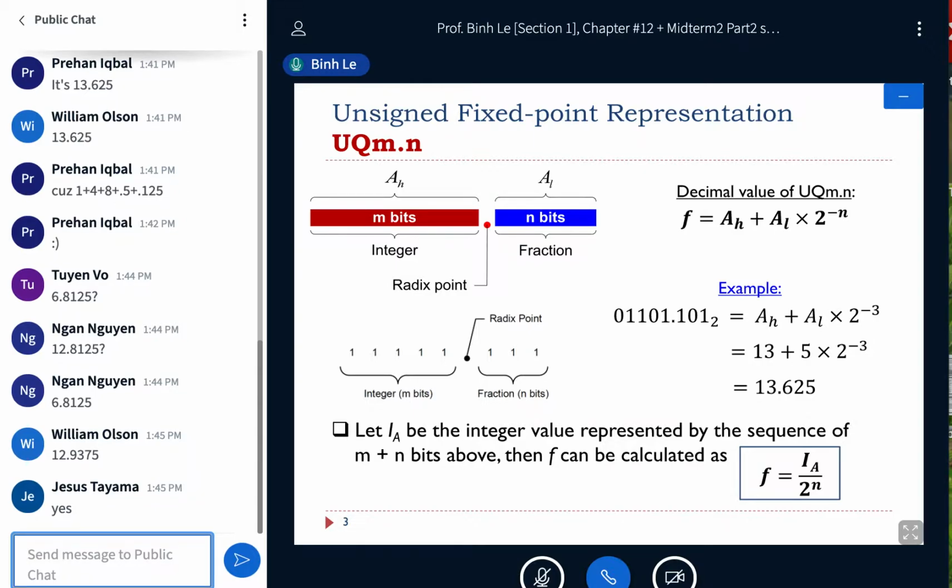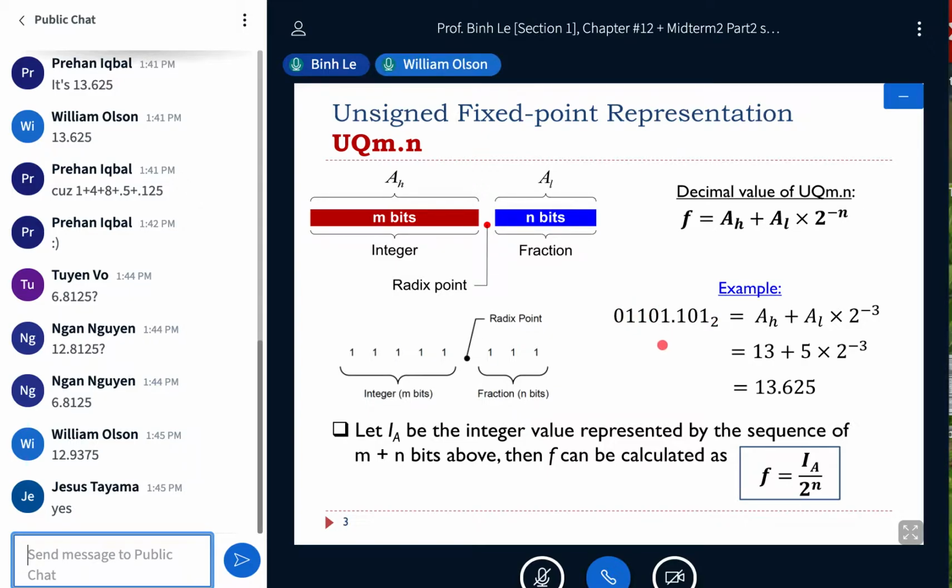None is also correct. William, maybe you should please check your calculation again. Okay, everybody understand? That's one way to calculate the fixed point value of a binary number.